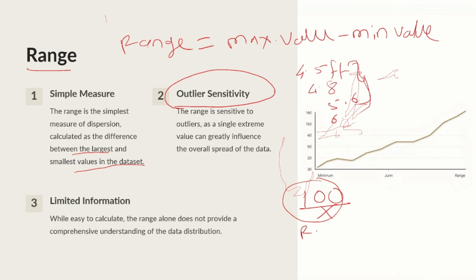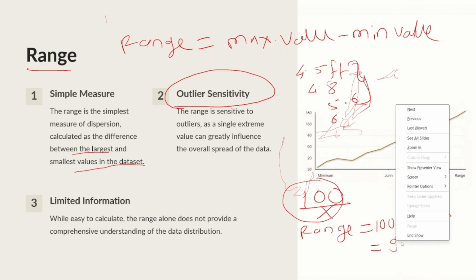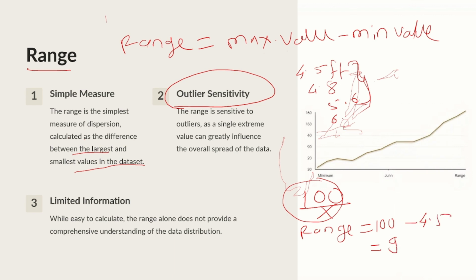Your range is like 100 minus the minimum value, 4.5, so the range is around 95.5. Is it possible? So this is an outlier. A height of 100 is the outlier. That is why we say range is sensitive to outliers.